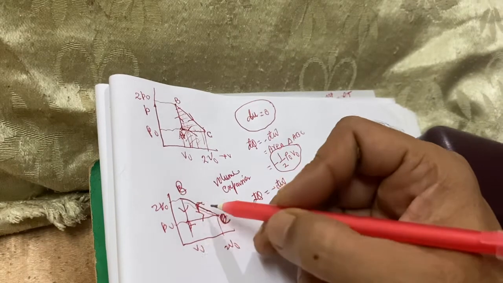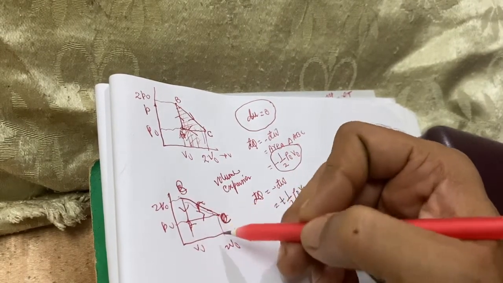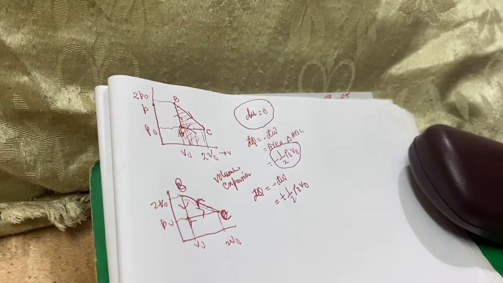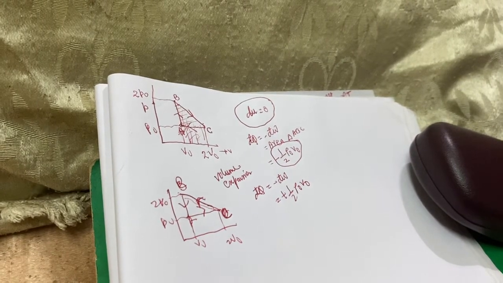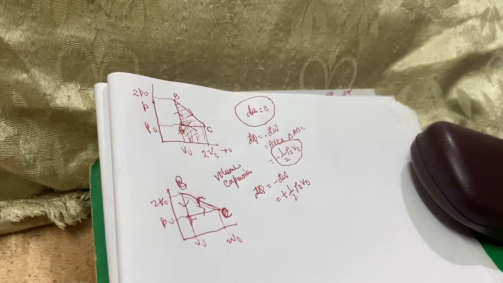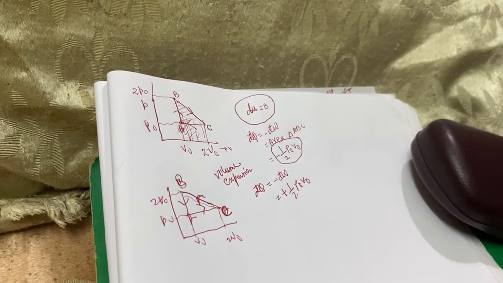The arrow is in this direction. In this direction the area is large, and so the volume is decreased. So the dq would be plus half P0 V0. So be careful about the direction in which the process took place.